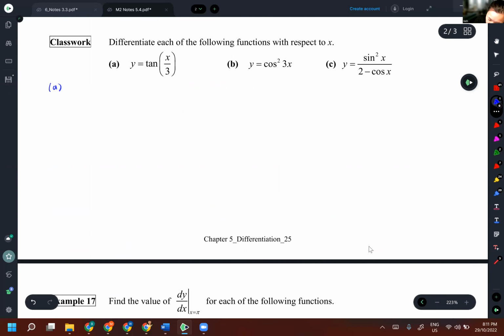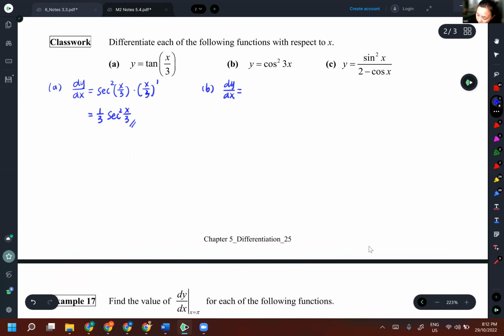dy/dx equals secant u squared, and then du/dx. So 1/3 secant squared x over 3. Part B, dy/dx.